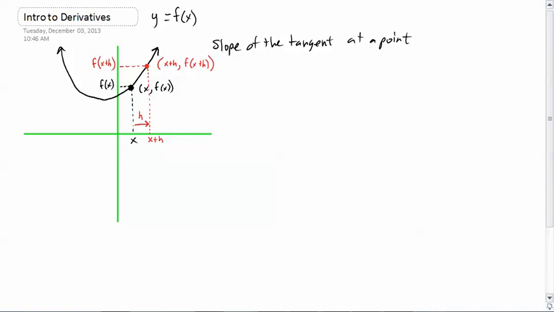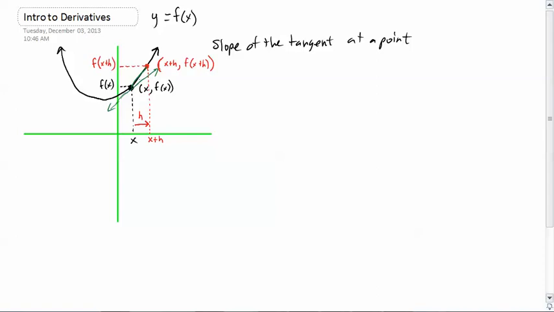All right, now I have 2 points. Now what we're trying to do, remember, is find the slope of the tangent at this point right here. So we're trying to find the slope, essentially, of this line right here. Now, the slope between these two is pretty close to that.